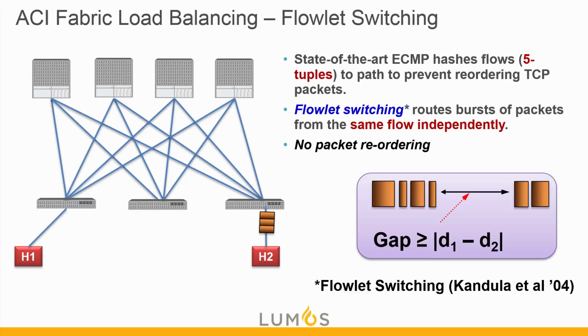And it's by this that the source ingress leaf can detect the gap between our D1 burst of frames within a single flow and our D2 burst of frames, not flames, within a single flow. And I've seen this.